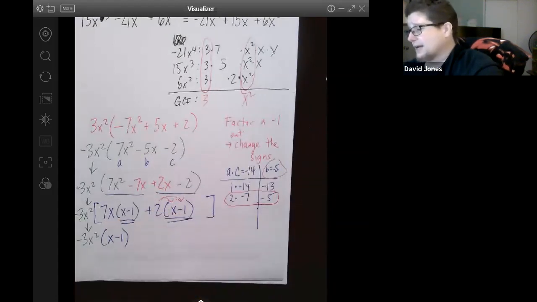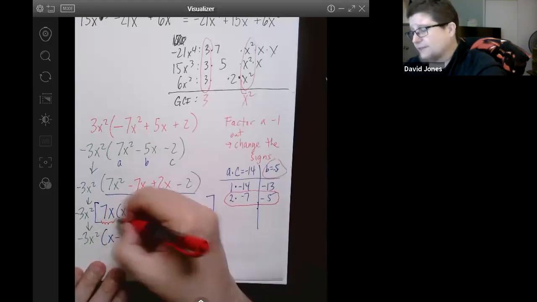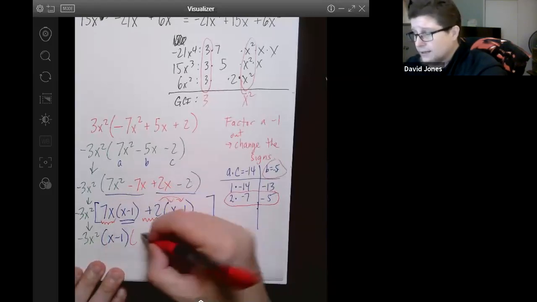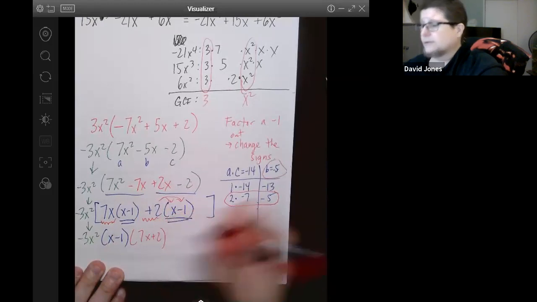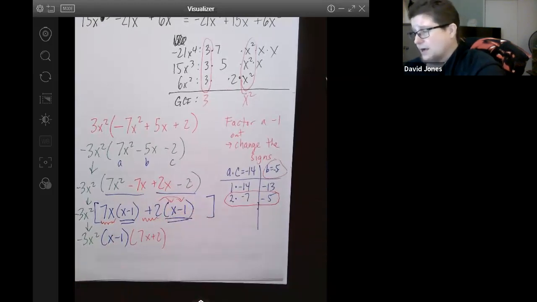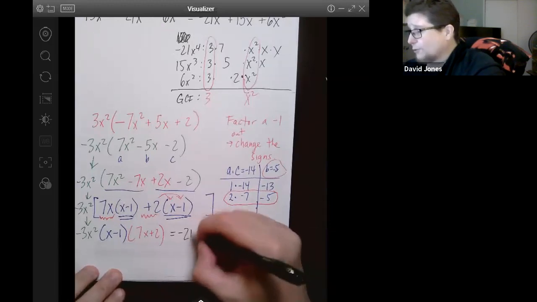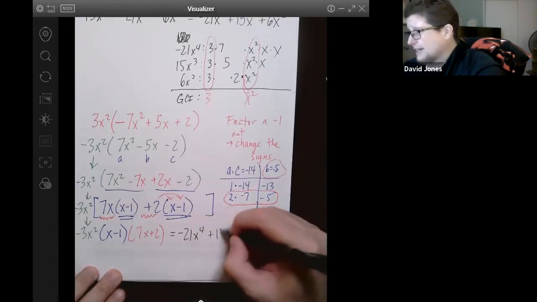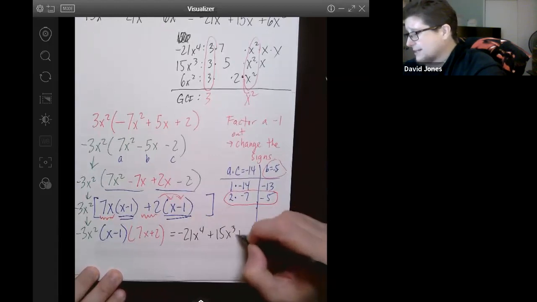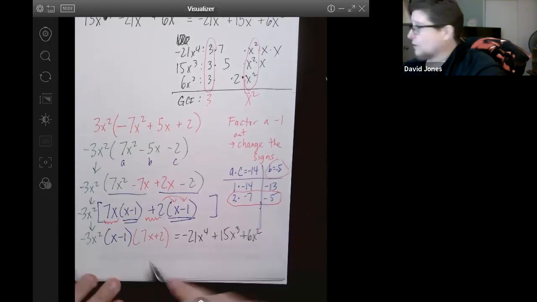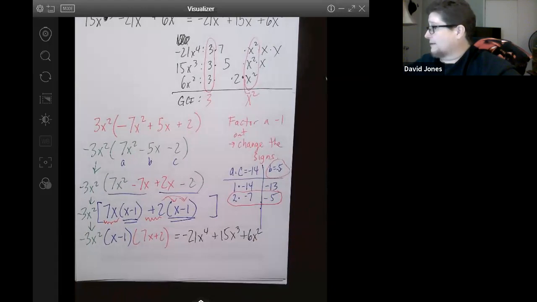And then I had what we factored out, the GCF, 7x plus 2. Apparently, what I started out with, negative 21x to the 4th plus 15x cubed plus 6x squared, factors all the way down to this. Okay?